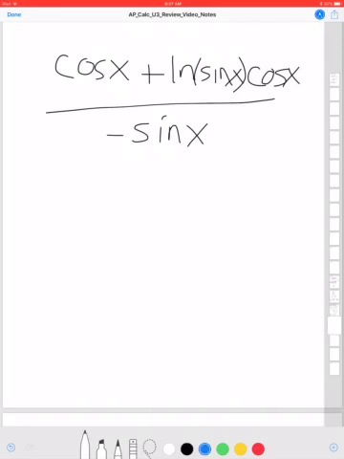Alrighty. I see that we could factor out a cosine up top because they do have a cosine in common. So let's go ahead and do that.